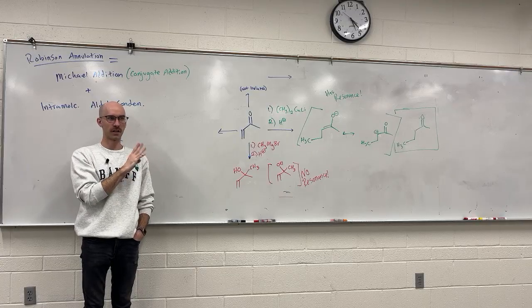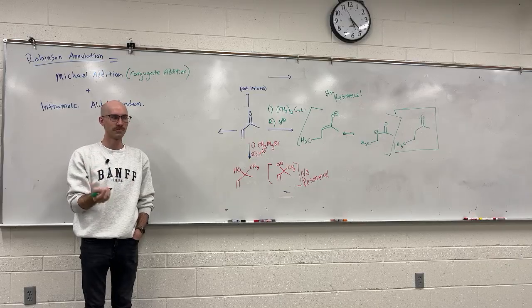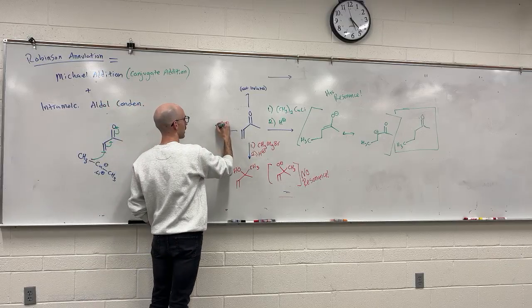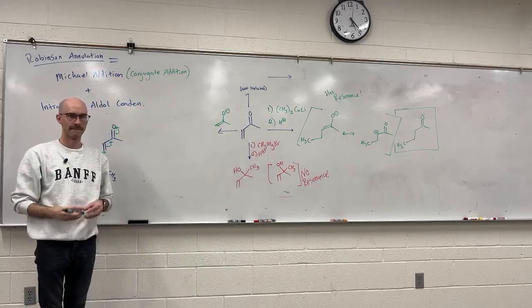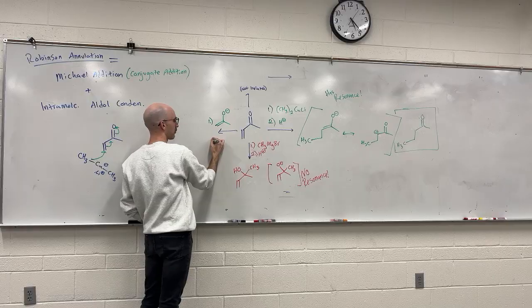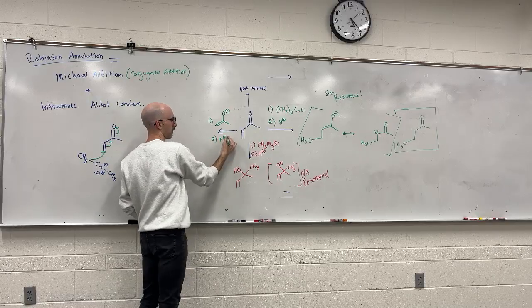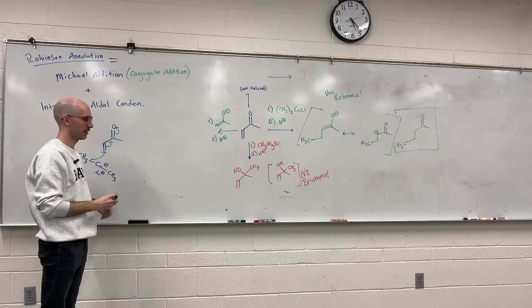Maybe I can do this in different colors to illustrate the different ways I can introduce it. One, I could just introduce an enolate. This, of course, would still need to go through an aqueous workup because there is no source of hydrogen for the protonation step.